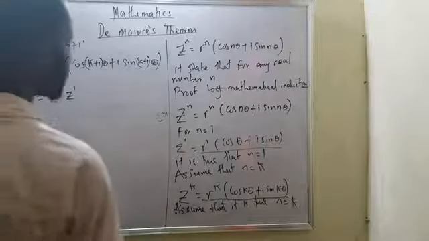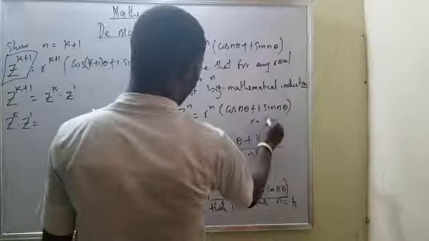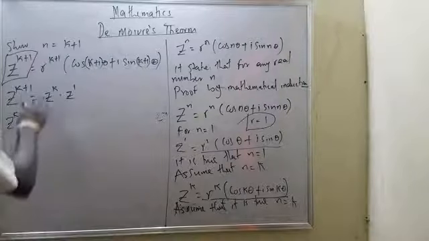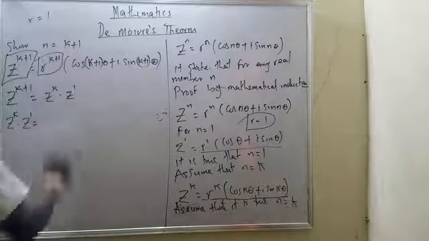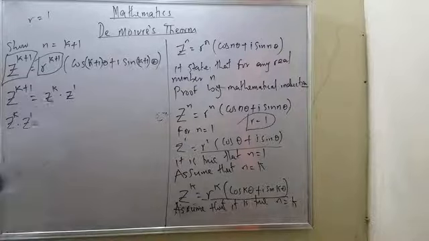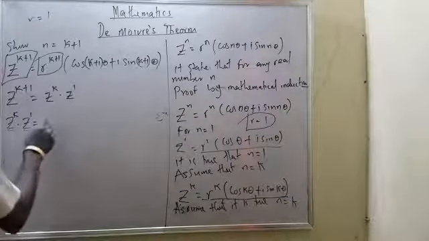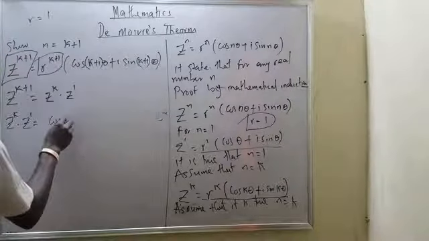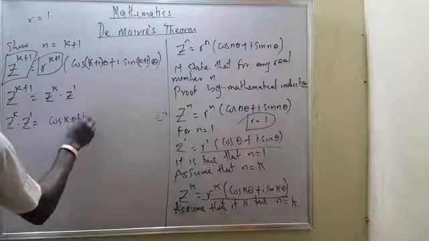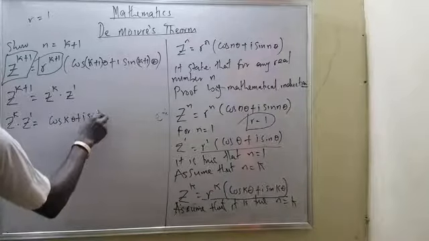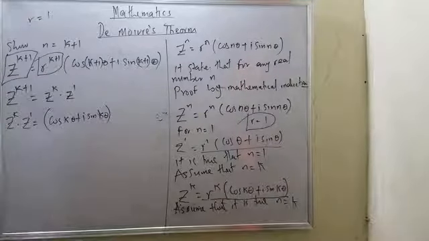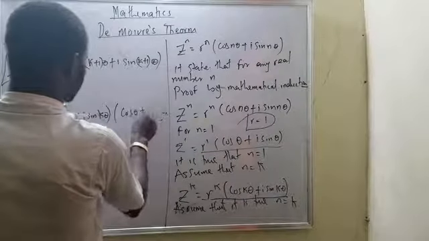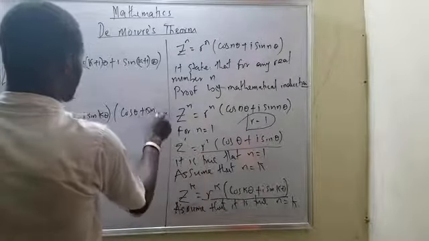okay, now I've assumed that r equals 1. If r equals 1, this can never change anything. I can neglect this r, since r equals 1. I've said that earlier. Now I'll have cos kθ + i sin kθ, and the bracket of mine, which is cos θ + i sin θ.